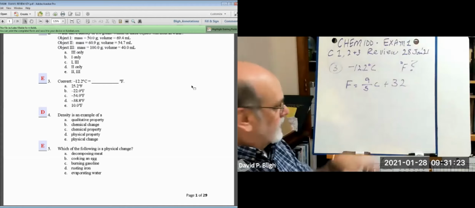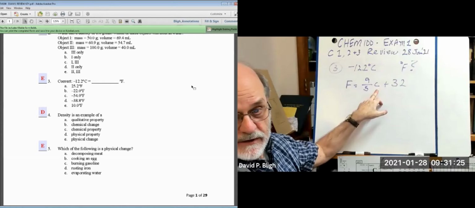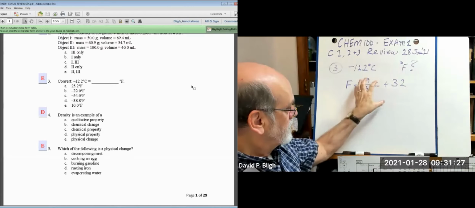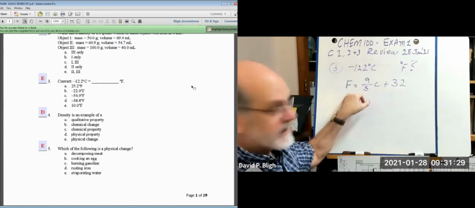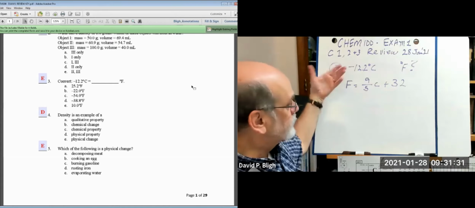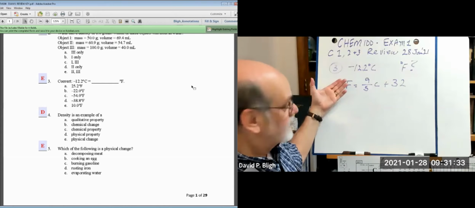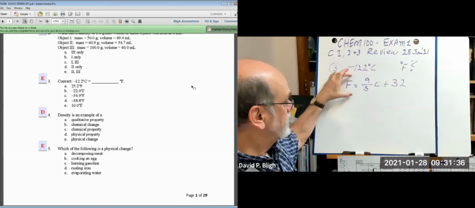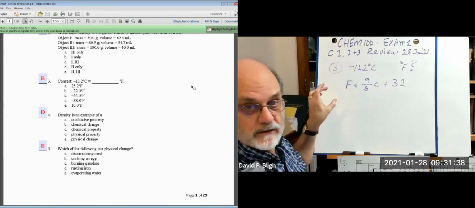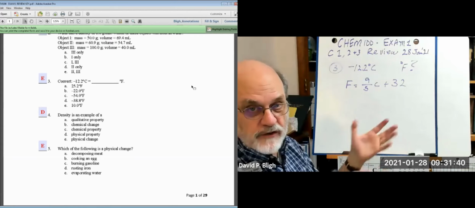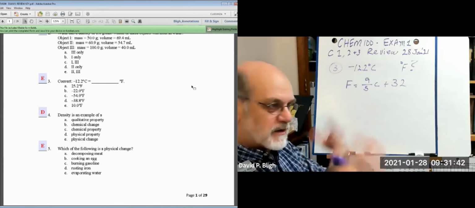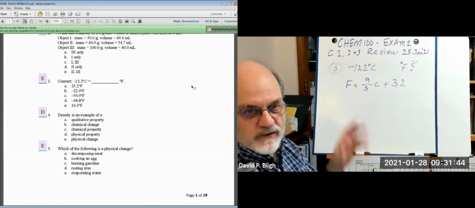Okay, degrees Celsius times that plus that equals Fahrenheit. So this formula, the way it's written, is just what we need because the unknown is out here by itself. So we don't have to do any transformations. We don't have to do any algebraic manipulations after we plug the numbers in.